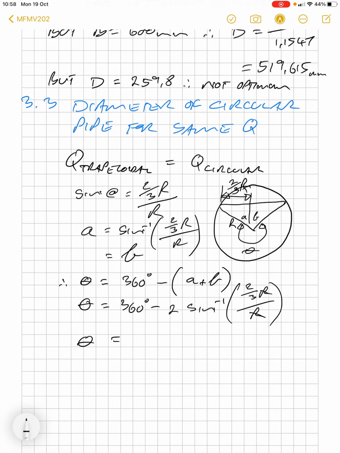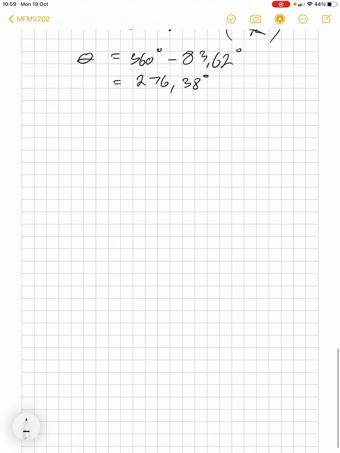The r is cancelling out, and theta is equal to 360 minus 83.62 degrees, which would give us 276.38 degrees. So we've calculated what the angle theta is, and we know that if it's 330, that it is a maximum. So this is less than maximum.